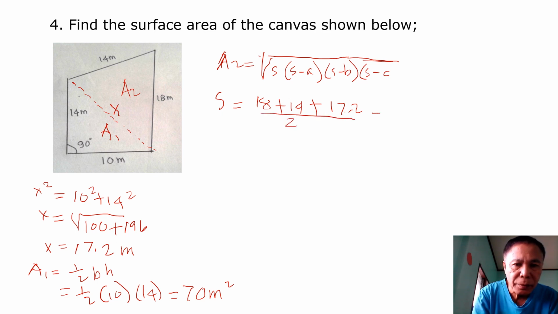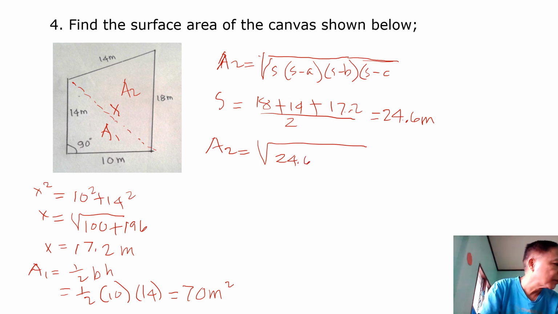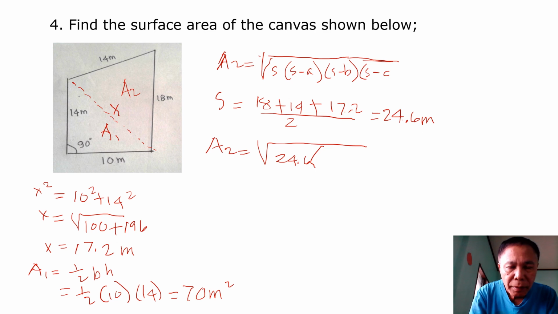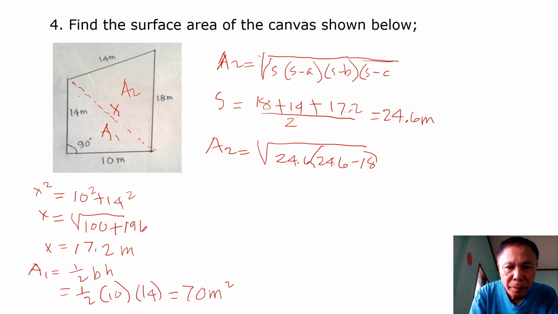So this one is equivalent to 24.6 meters. So A2 would be equivalent to 24.6 times (24.6 minus 18) times (24.6 minus 14) times (24.6 minus 17.2) for the Hero's formula.